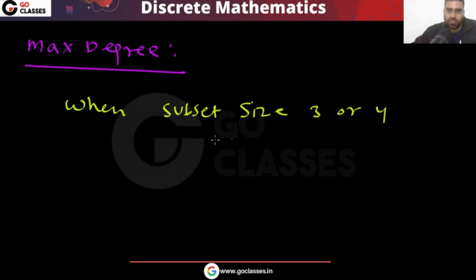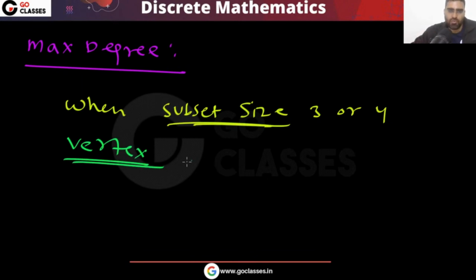This is coming when you take a vertex whose subset size is 3 or 4. When you take a vertex with subset size 3 or 4, what will be the degree?